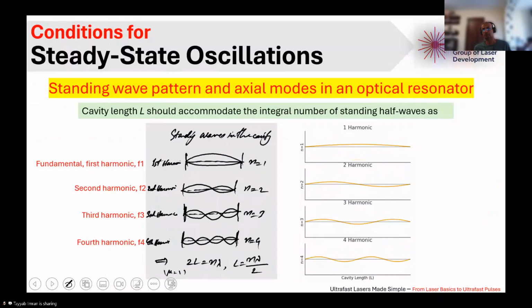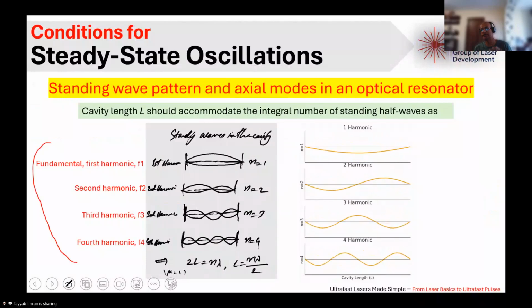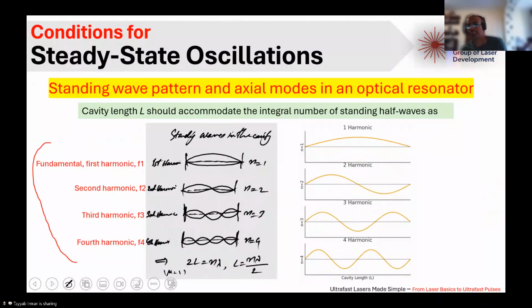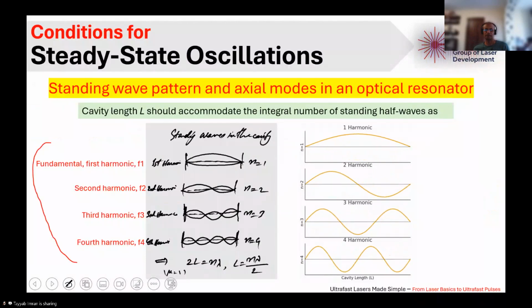Now, this is much easier for you to understand. This is still the steady state oscillation in the cavity. We call these axial modes, what is written here. And the cavity length should accommodate an integer number of standing half waves. So what do you see here?